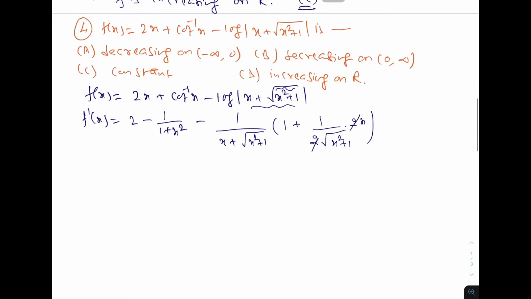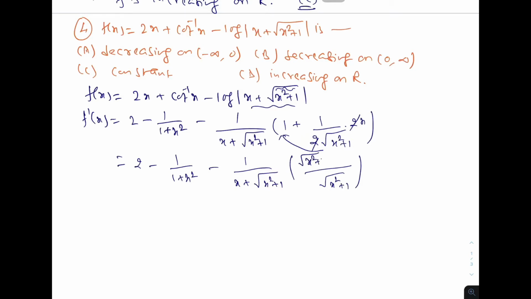So this 2 will cancel. Simplify: 2 minus 1 over 1 plus x square minus 1 over (x plus root x square plus 1). We take the LCM as root x square plus 1, and this is (root x square plus 1 plus x), and these two will get cancelled. So here remaining is 2 minus 1 over 1 plus x square minus 1 over root x square plus 1.